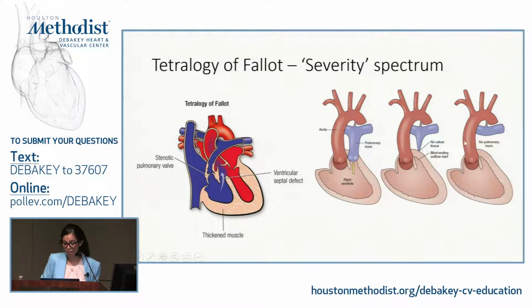And then you can have patients with tetralogy of Fallot and pulmonary atresia who don't have a pulmonary trunk, or who have discontinuous pulmonary arteries, or who have no recognizable pulmonary arteries even, and whose lungs are perfused by major aortopulmonary collaterals.